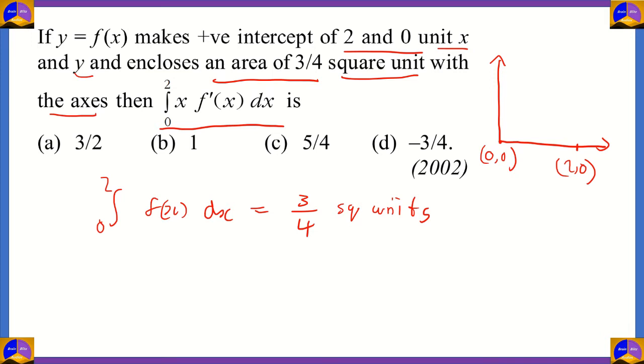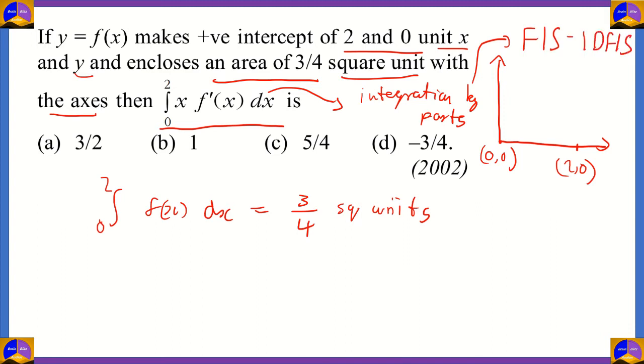So for this particular question, we're going to use integration by parts. In integration by parts, the best way to remember it is to use this simple mnemonic: FIS minus ID FIS. F stands for the first function, IS stands for integral of second function.